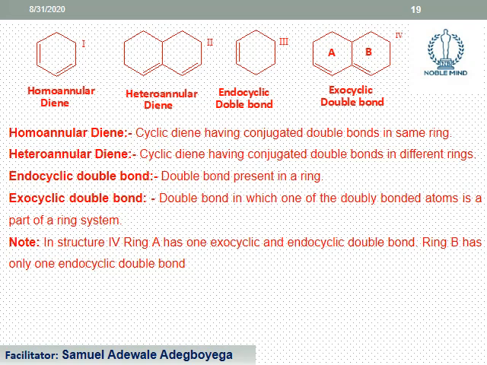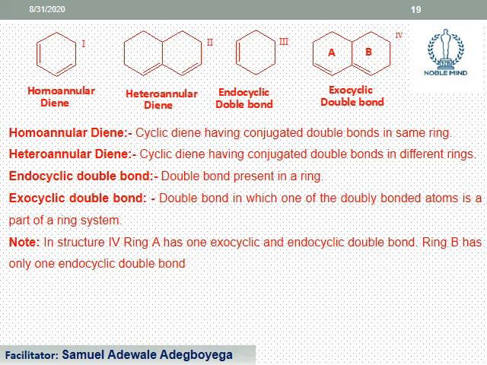Structure one here is regarded as a homoannular diene. Structure 2 is a heteroannular diene. Structure 3 has an endocyclic double bond, and structure 4 has an exocyclic double bond. So it is possible that you have a heteroannular diene which also has a contribution of an exocyclic double bond.